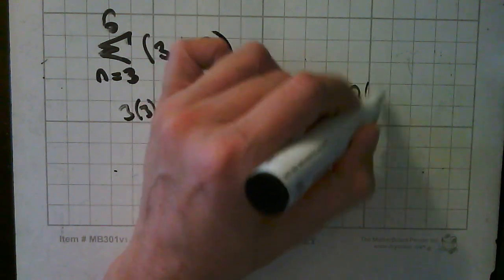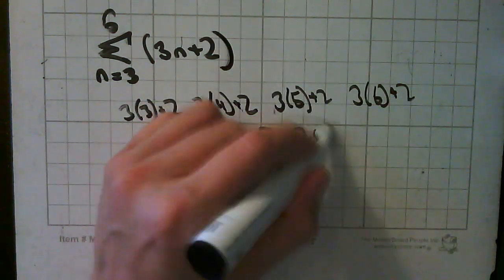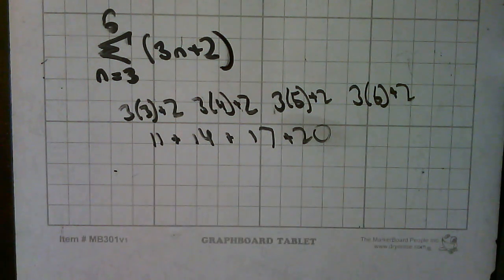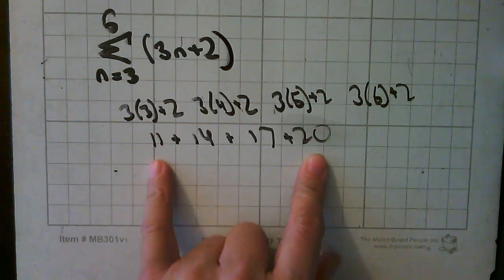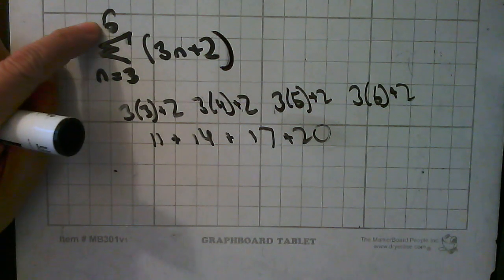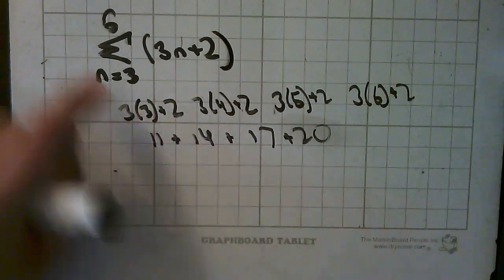So we're going to plug in 6. We got 18 plus 2, 20. So here are our 4 terms here. And one thing to notice here is you can do this by writing it out, but if this is a big number, you don't want to use that. You want to use the formula. So I'll show you both ways. So we can add these all up to get the sum.